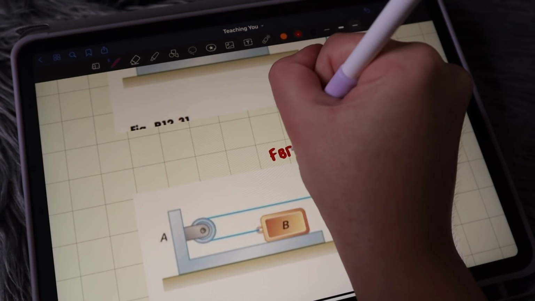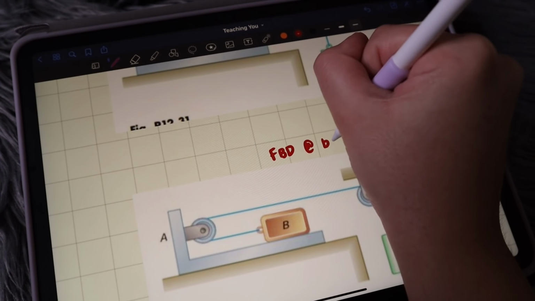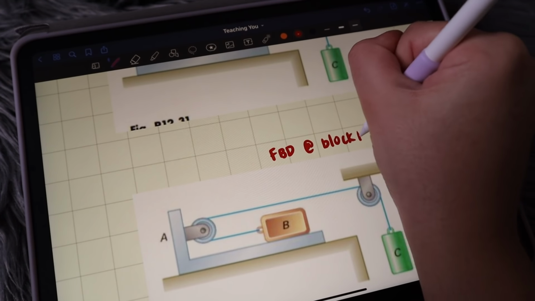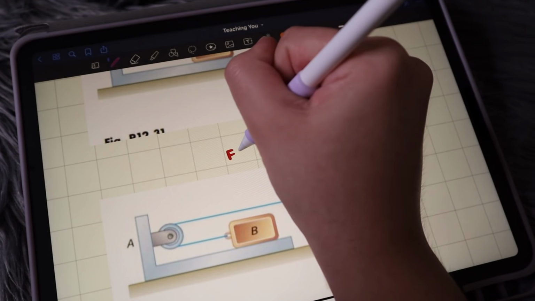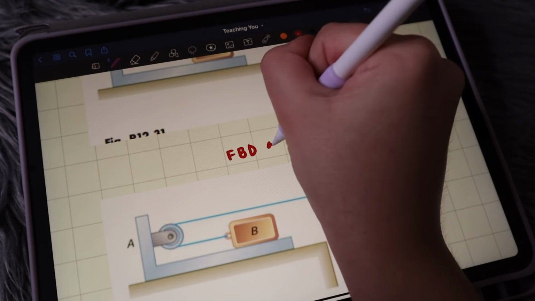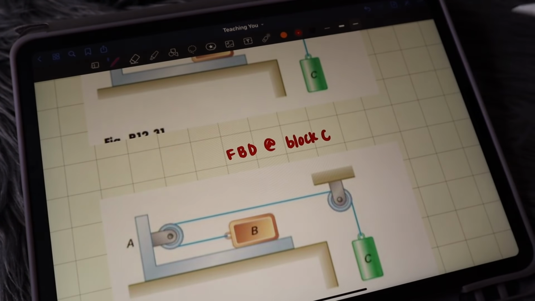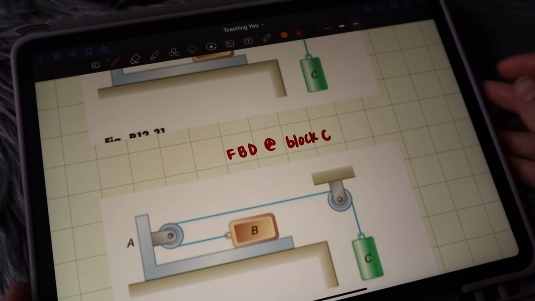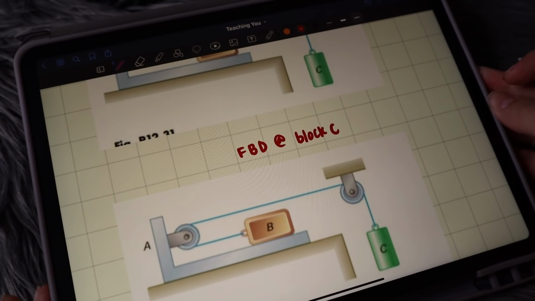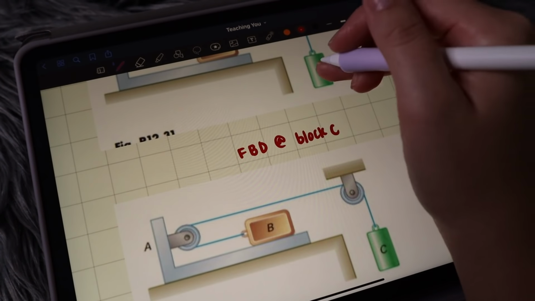This one, we can just make FBD at block B. And then this one will be FBD at block C. Okay, so I hope you guys can see everything well. I hope my hand is not really blocking, but okay.